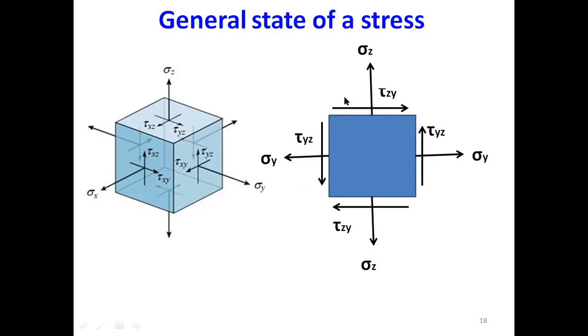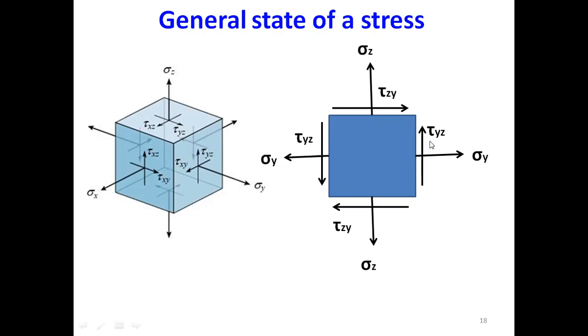This is producing a counterclockwise moment, so we have to draw an opposite couple which would produce a clockwise moment. That opposite couple is tau zy, tau zy. Now the stress element is completely in equilibrium.